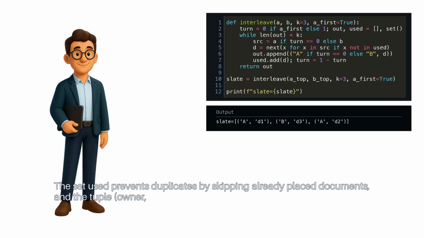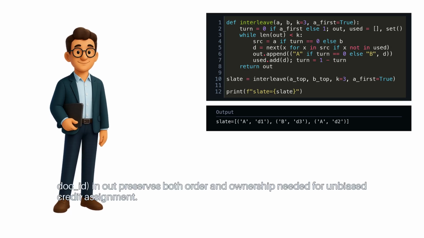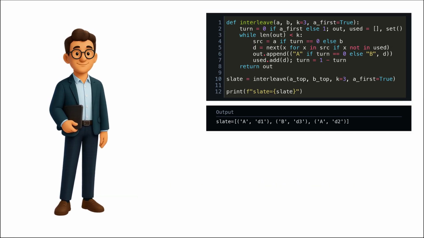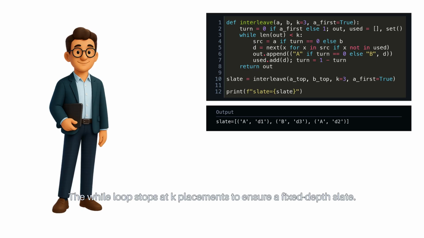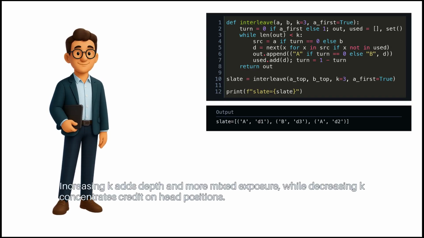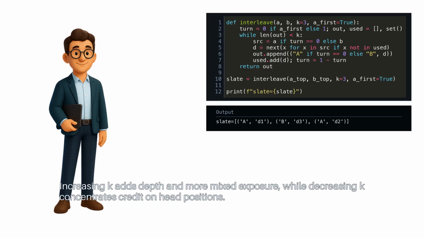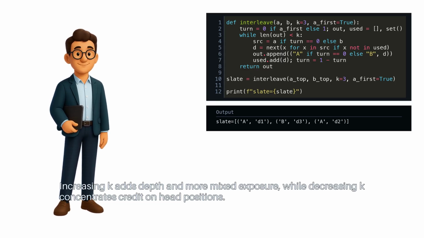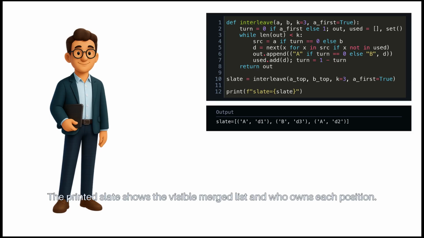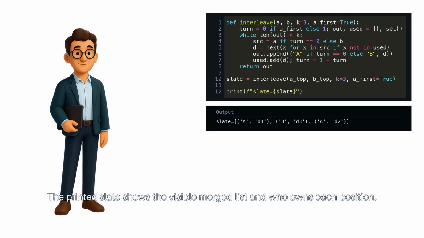And the tuple owner, doc ID in out preserves both order and ownership needed for unbiased credit assignment. The while loop stops at K placements to ensure a fixed depth slate. Increasing K adds depth and more mixed exposure, while decreasing K concentrates credit on head positions. The printed slate shows the visible merged list and who owns each position.